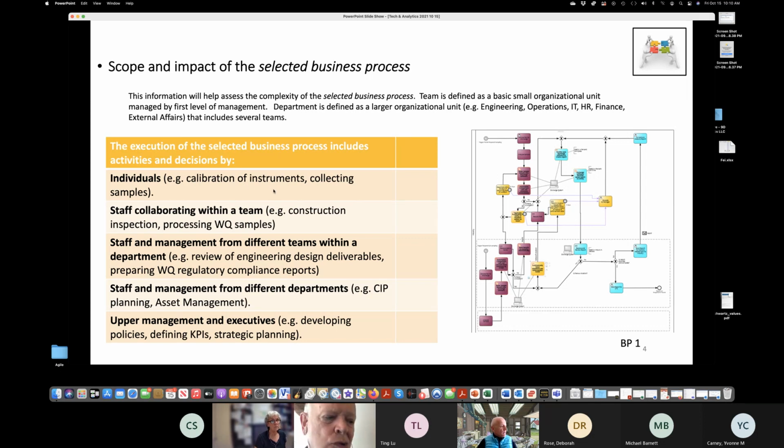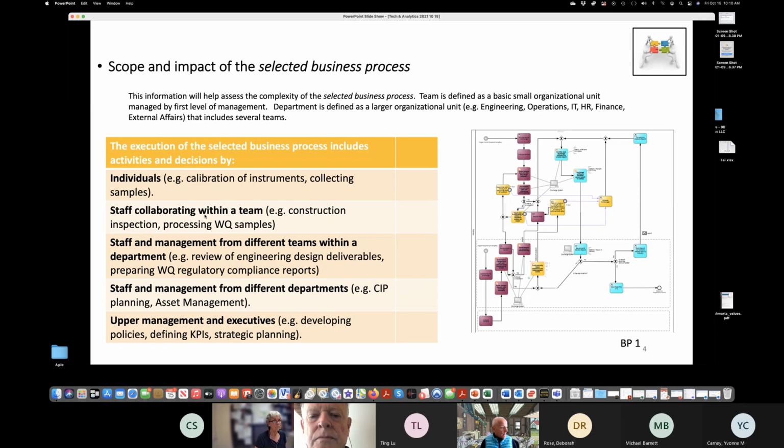Are we dealing with something that just individuals do, like they calibrate an instrument or they collect samples? Or are we looking at a business process that several people within a team are working on, like construction inspection, processing water quality samples? Or we're talking about a process that involves more than one team.